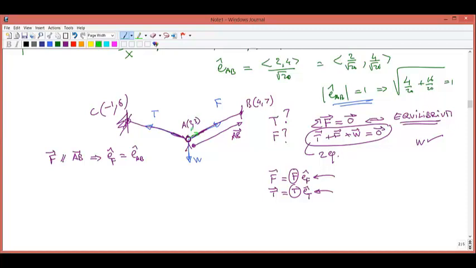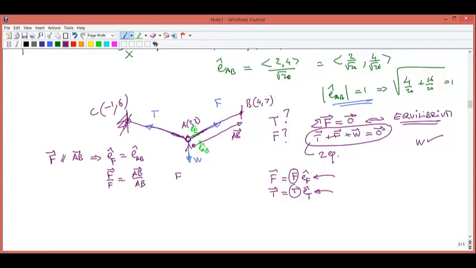That's the unit vector EF, and that must be the unit vector EAB. They have the same direction, and since by definition they have the same length, which is 1, they have to be the same vector. Now we can use the definition of unit vector and plug it back in. This is vector F divided by its own magnitude. This is vector AB divided by its own magnitude.